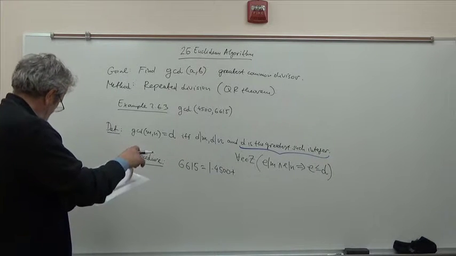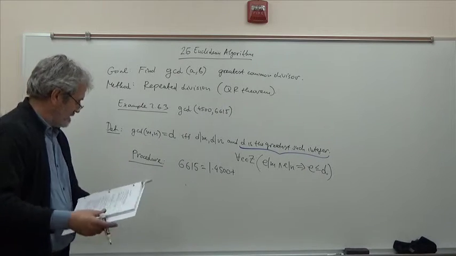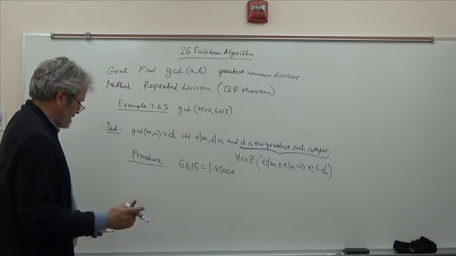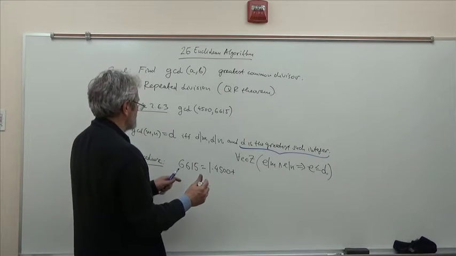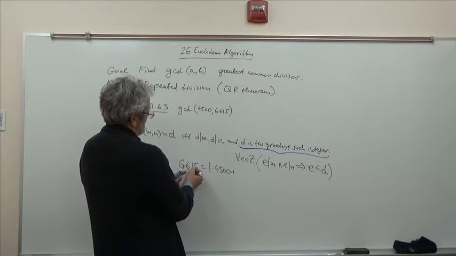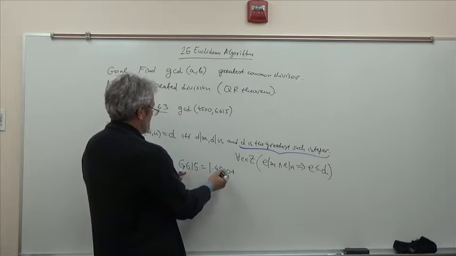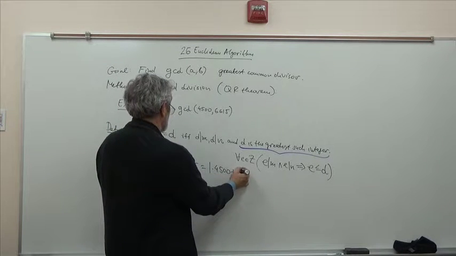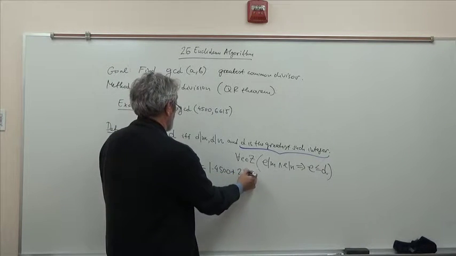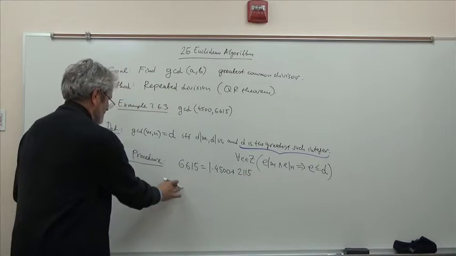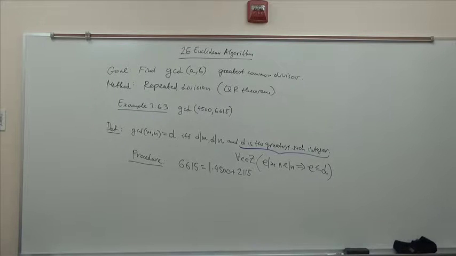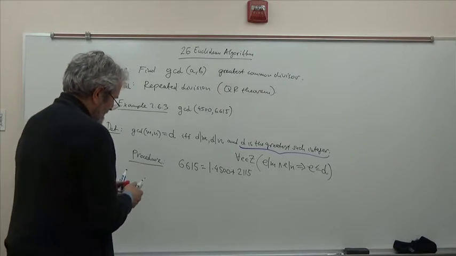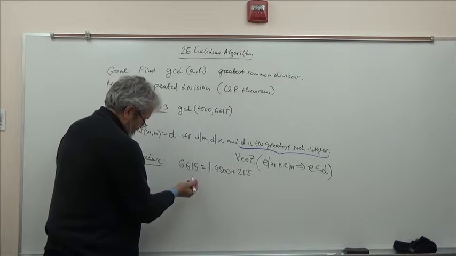I did it differently in my notes, doesn't matter. I didn't bring a calculator here, but 1 times 4,500, and then what is the remainder? That would be 2115.